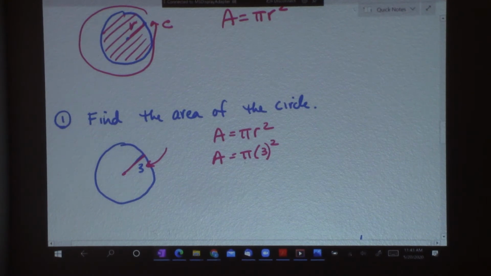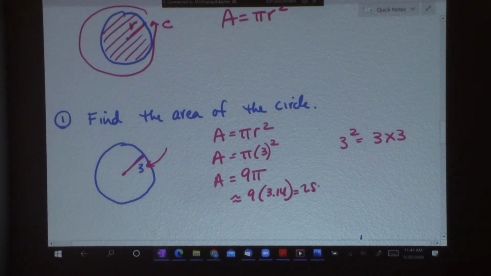Be careful. 3 squared means 3 times itself twice. So that's going to be 9 pi. And when you multiply 9 times 3.14, you get about 28.26.